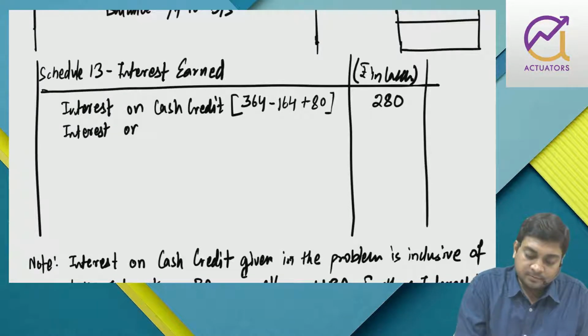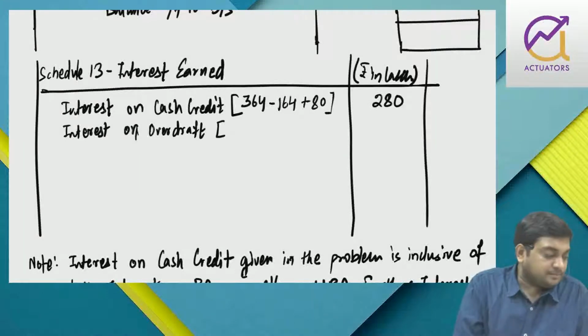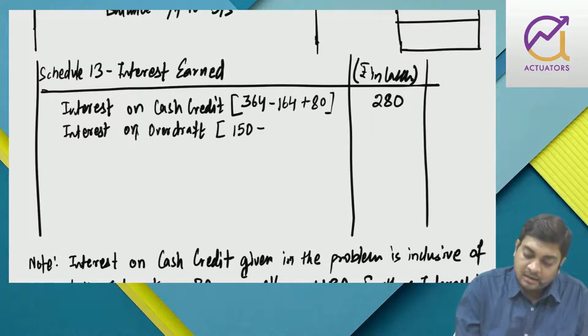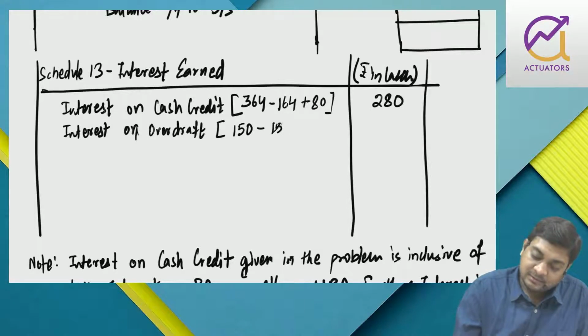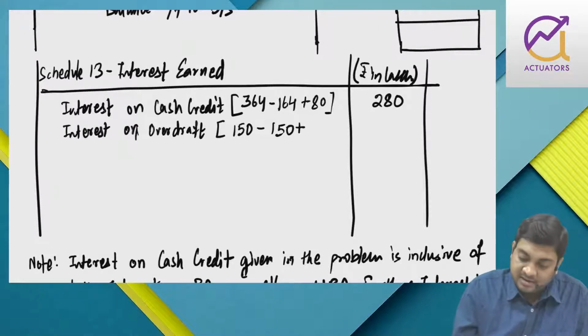Similarly, it will be for other loans. Interest on overdraft. It is given 150 minus non-performing's earned part is 150 plus it will be under received basis.